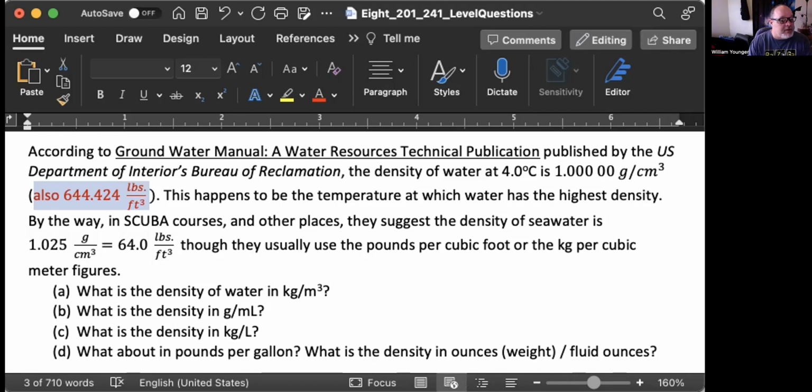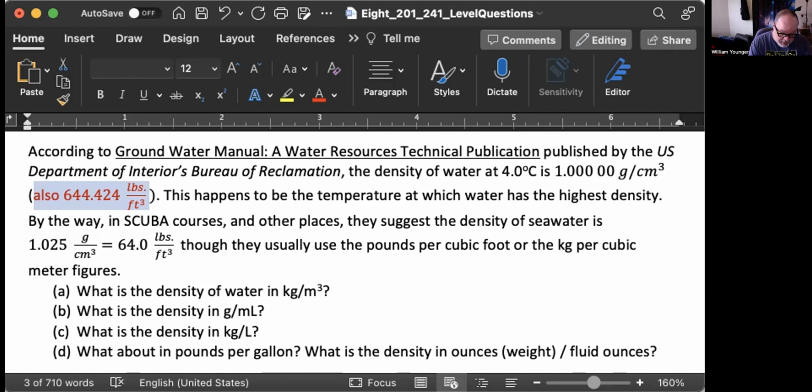Like I said, I believe that 64.4424 is incorrect. I'm going to write that over here. What I'm almost certain the density of H2O is, is something like 62.4 pounds per cubic foot, and I'll put a question mark by that.